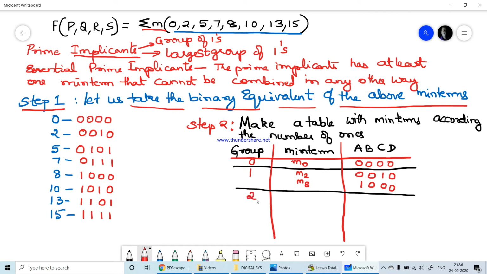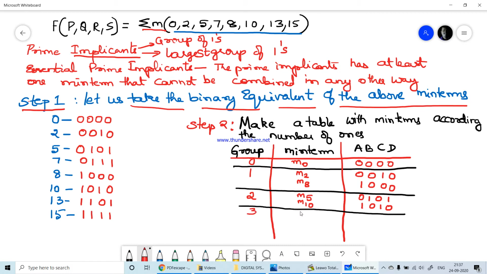Now group 2 will be the 2-bit sequences. So we have M5 and M10. M5 is 0 1 0 1 and M10 is 1 0 1 0. We have only two 1s here, so this will be my group 2. Group 3 now will be the sequences with three ones.